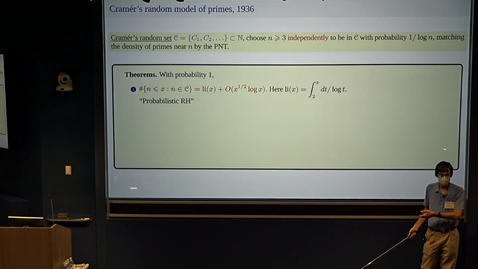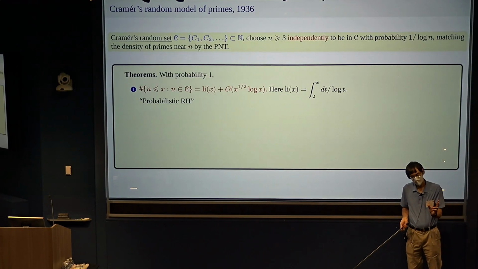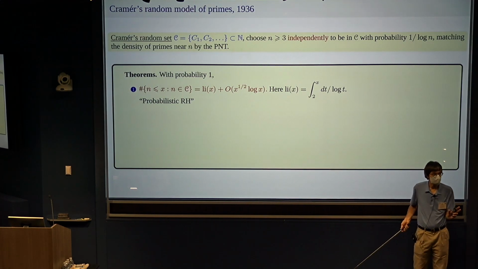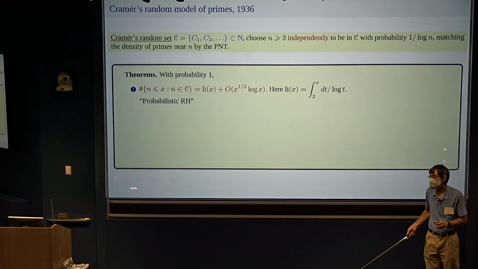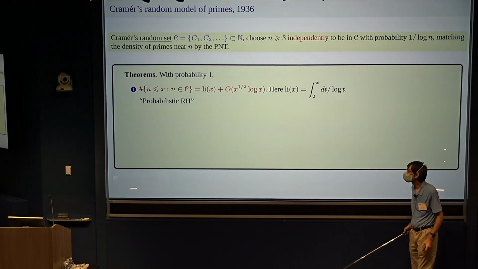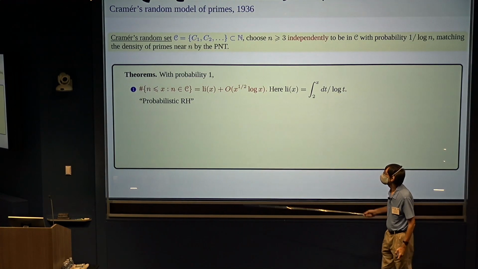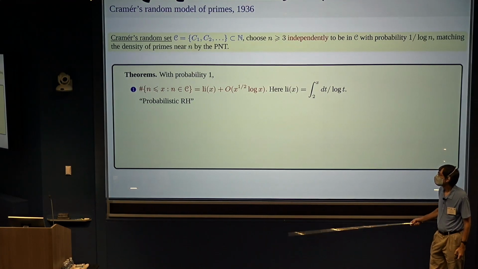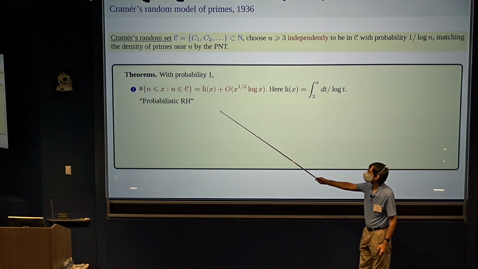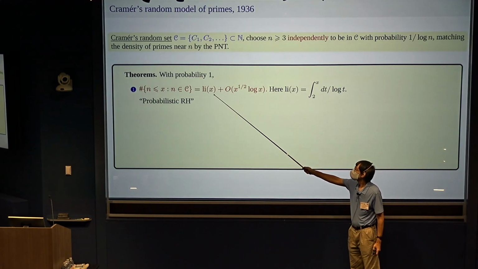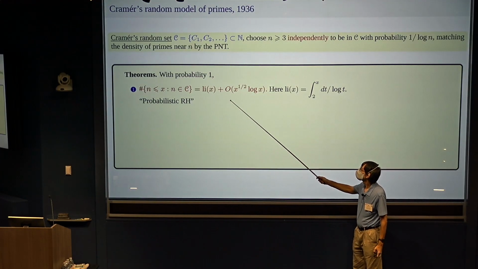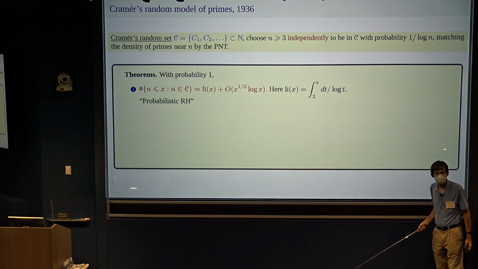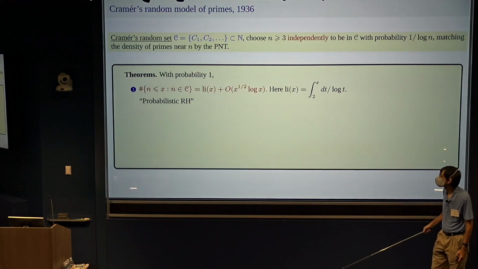Now, Cramer was interested in using this to model the largest gap between the primes up to x, which still is very mysterious today in terms of what we can prove. So one of the things he proved, and I'm going to mention quite a few consequences of this model, is that if you count the number of elements up to x that are in this set, it's Li of x plus an error, which is x to the 1/2 times some logarithmic term.